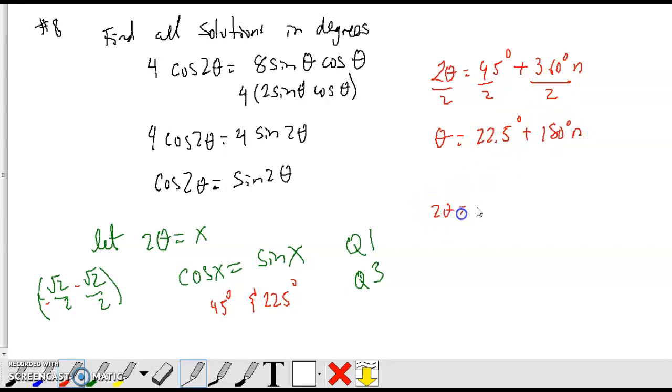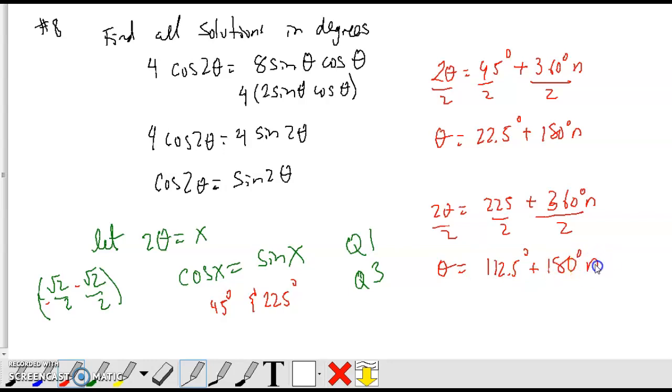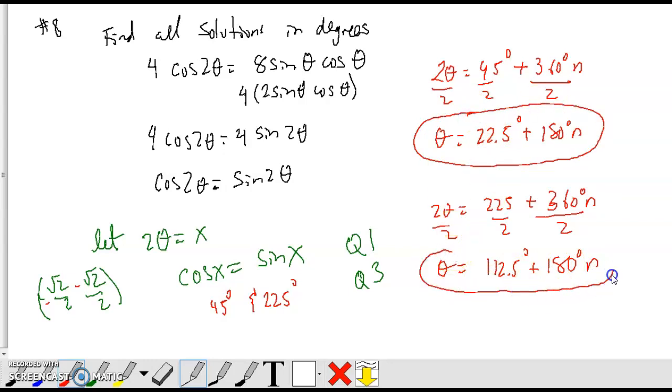Then I'll do the same thing with the 225, dividing everything by 2, so theta is 112.5, I believe. Check my math. And that's it. Those are our 2 answers, one here and one here. Now, is there more than one way to solve this problem? Absolutely. I'm just looking for the one that's the easiest to see.